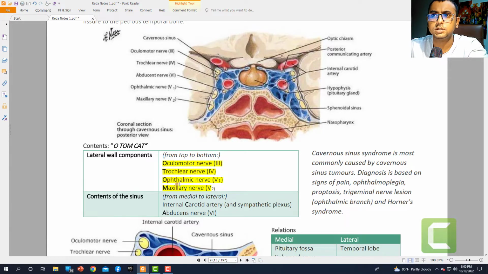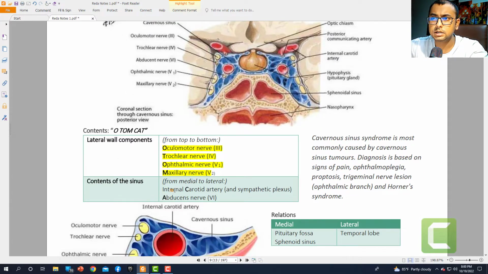Remember OTOM: O oculomotor, T trochlear, O ophthalmic, and maxillary, V1 and V2. The contents of the sinus are the internal carotid artery and the abducens nerve.